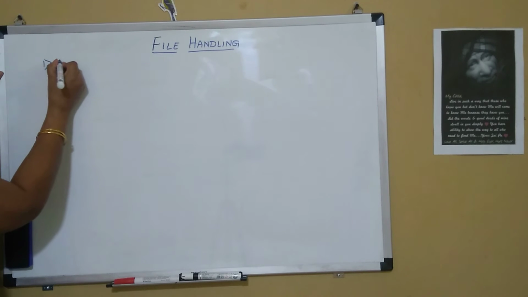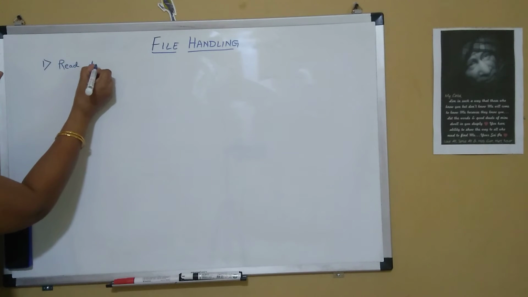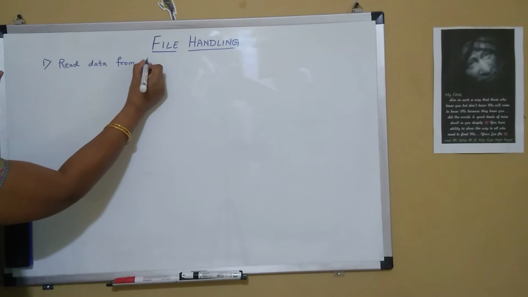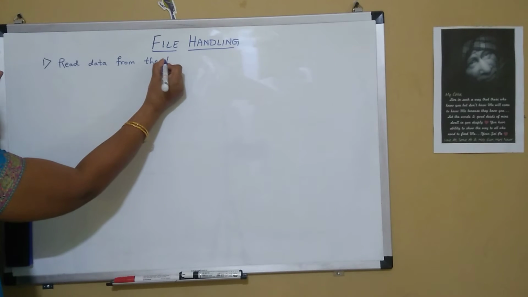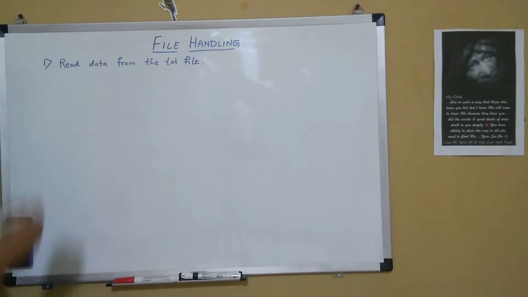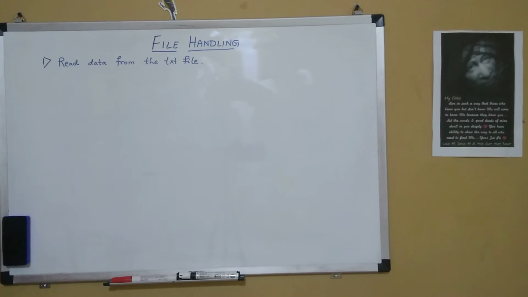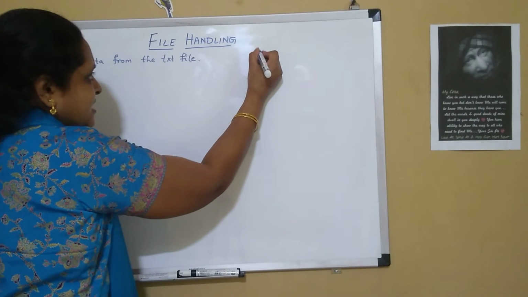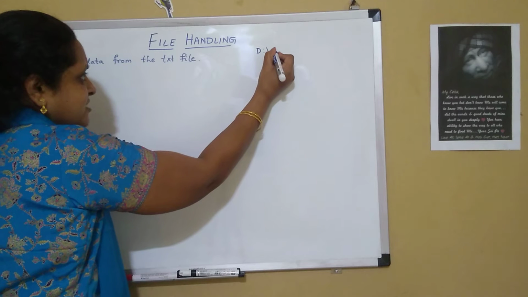So firstly, let's see how to read data from the text file, that is a txt file. For this, suppose I have my file in D drive.